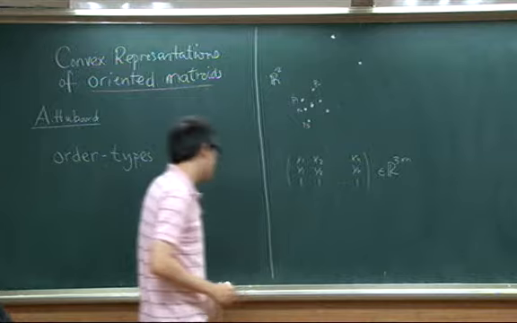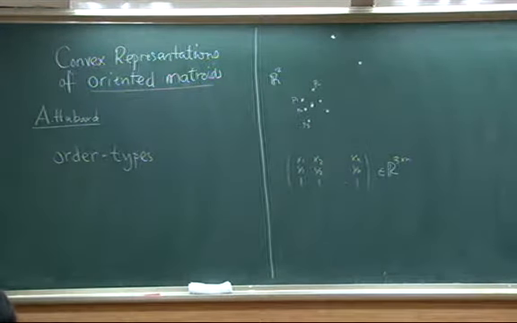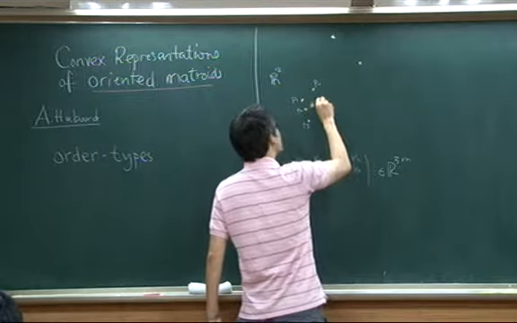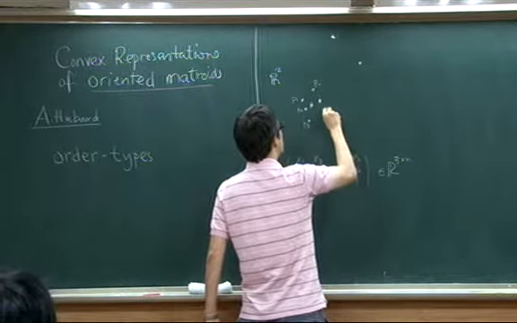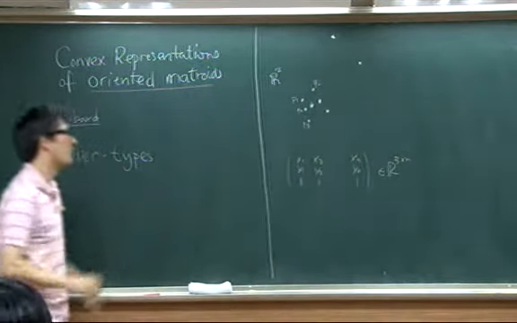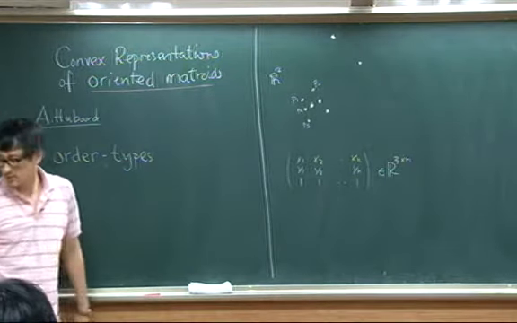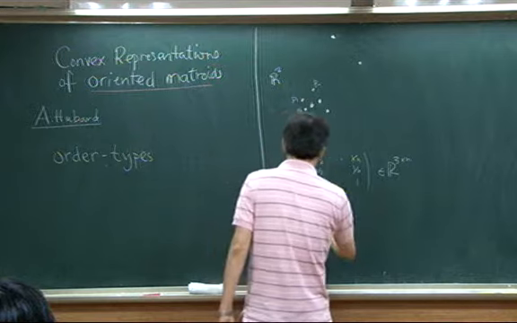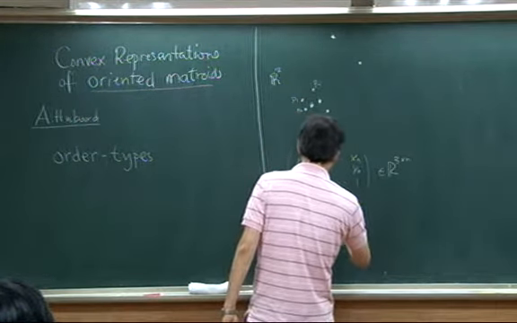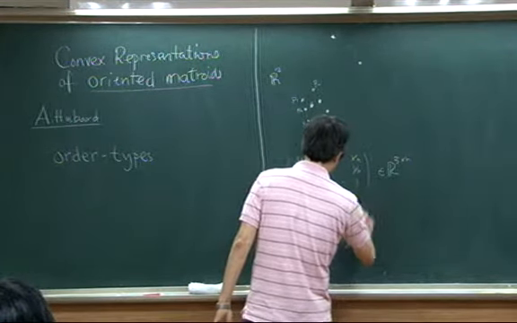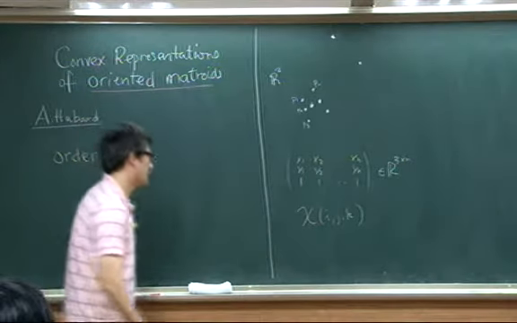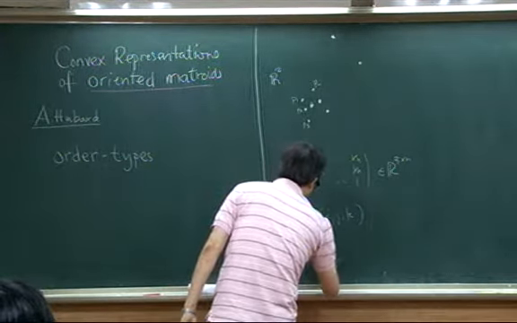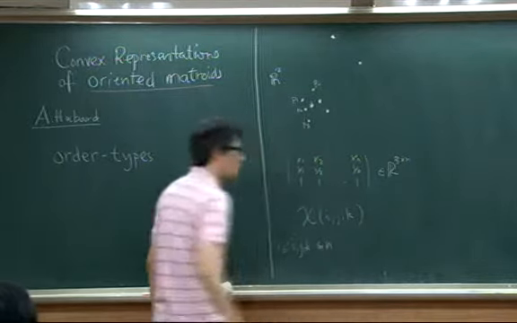And now let me tell you how to find the order type now. Okay? Now the order type is going to depend on the labeling, or the way I define this, it's going to depend on the labeling, but then we mod that out afterwards. Okay, so now let me define another function. I, j, k, these will be integers between 1 and n.